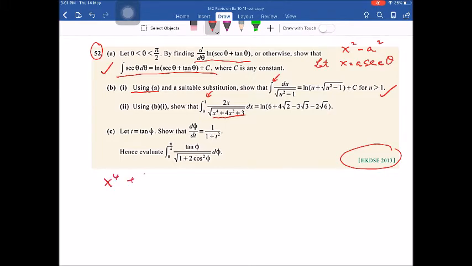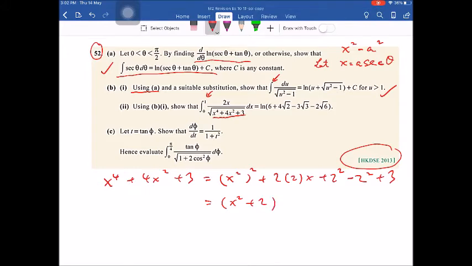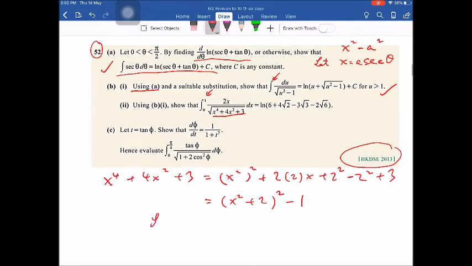But if you know completing the square, x to the power 4 plus 4x squared plus 3, you can make it as x squared plus 2 squared, minus 2 squared plus 3. So it becomes x squared plus 2, all squared minus 1.